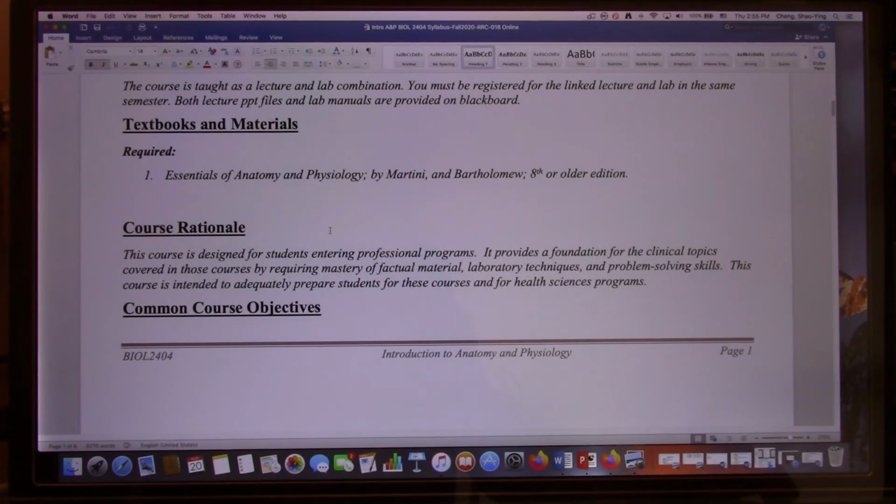Okay, then let's look at the textbook. We use the Martini. You can use an older edition, that'll be totally fine, and an older edition is actually cheaper. Even though all the tests come from the textbook, I still highly recommend students have a book, because the PowerPoints I provide are pictures with a lot of short words.